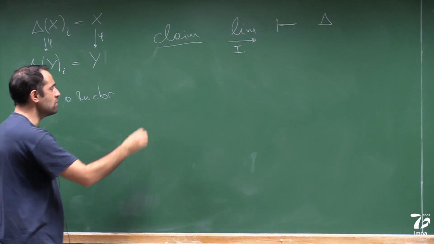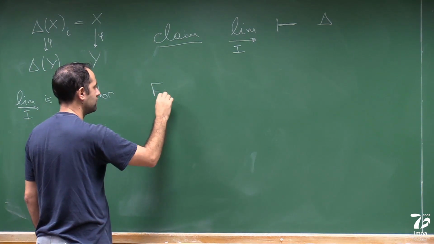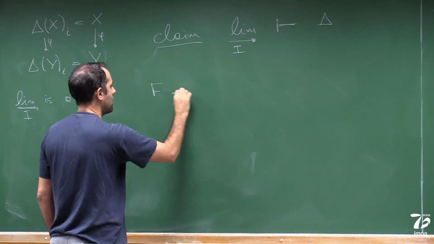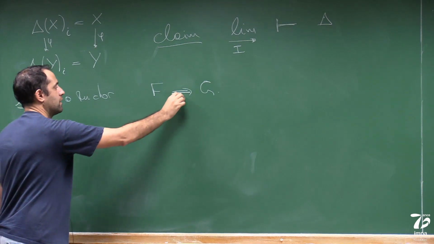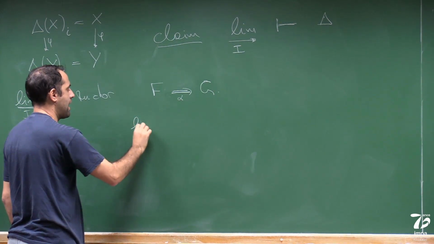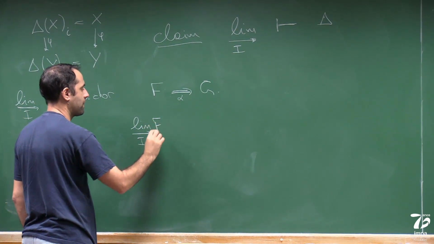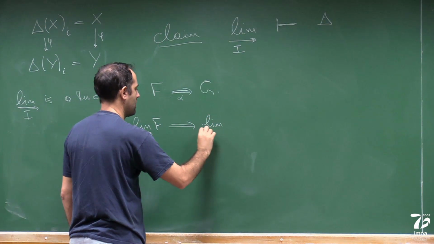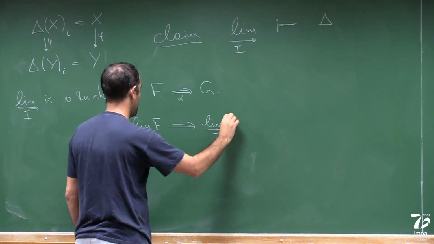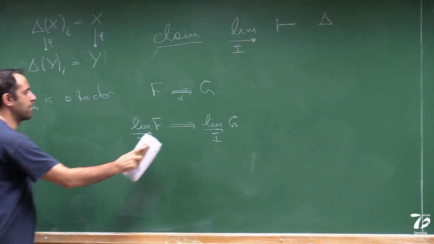Namely, if you give me two functors, f and g, and a natural transformation, what I want is an actual map from the colimit under I of f to the colimit under I of g.